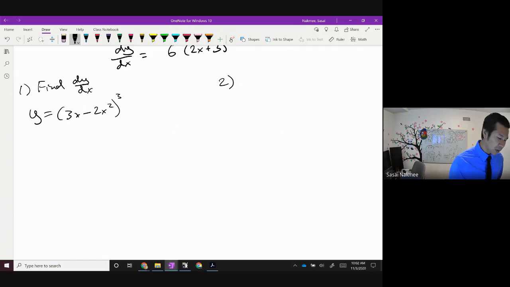If that one is too easy, try this one. Number 2. Let's write it using another notation instead of dy dx. Let's write it using y prime, given y is equal to the cube root of x squared minus 1.